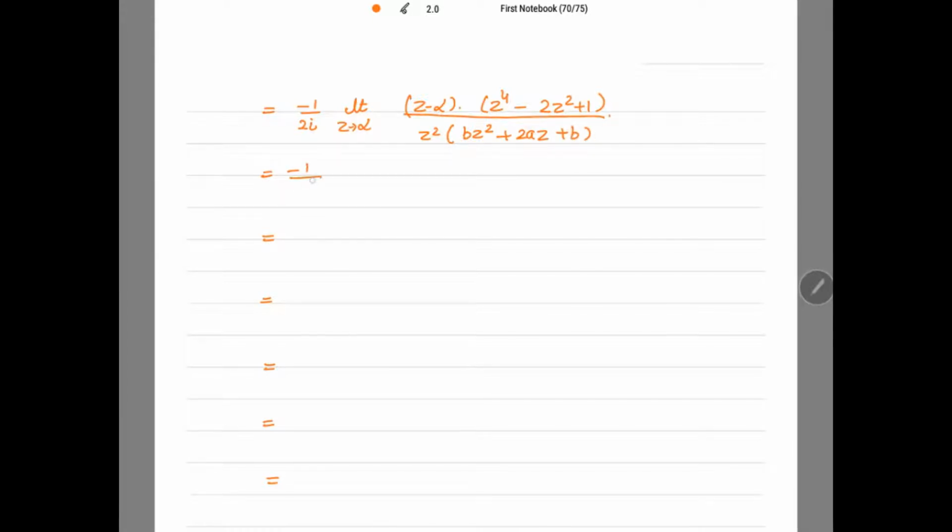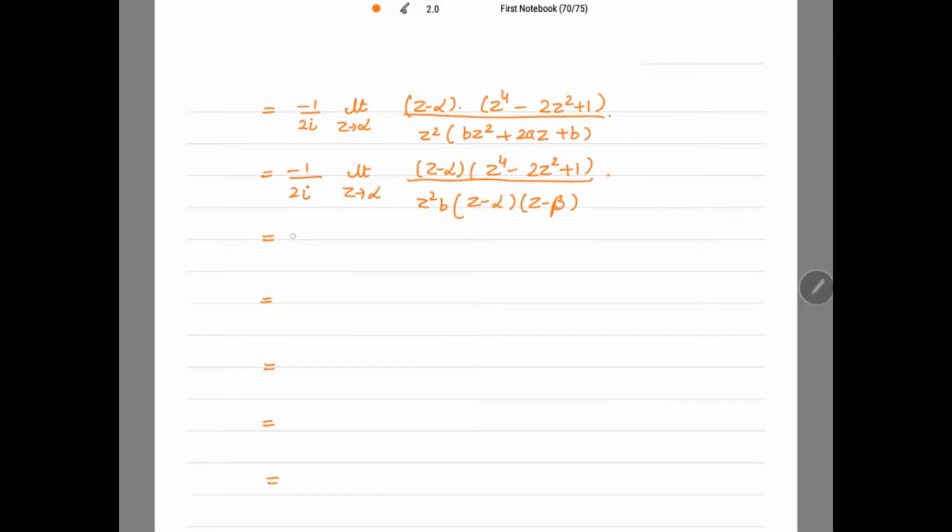Now take this leading coefficient outside and write the quadratic polynomial into factors, that is (z minus alpha) into (z minus beta), because alpha and beta are the roots of this quadratic polynomial.